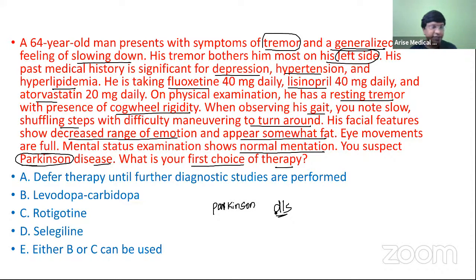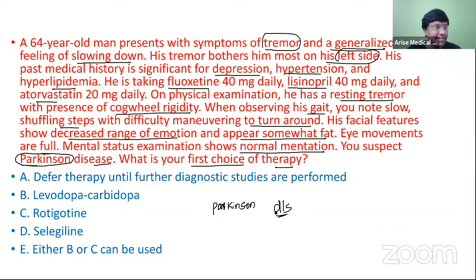Chandrasekharan has answered levodopa, carbidopa. Does everyone agree with Chandrasekharan, or do you have any other answer? Arya Ajesh also said levodopa or carbidopa. Now let me tell you what exactly is the answer.